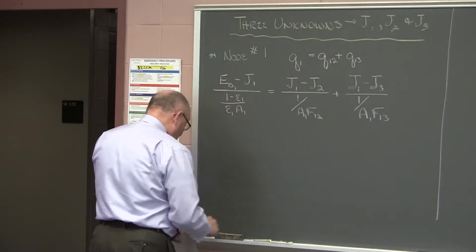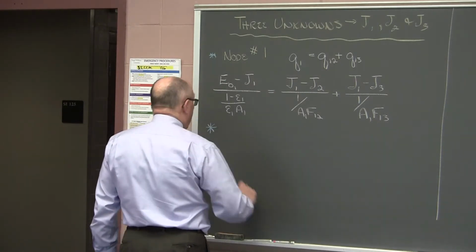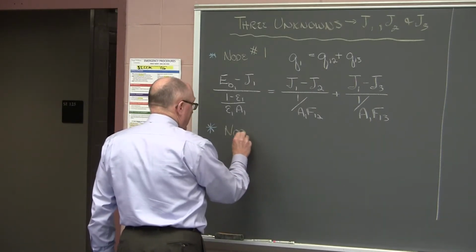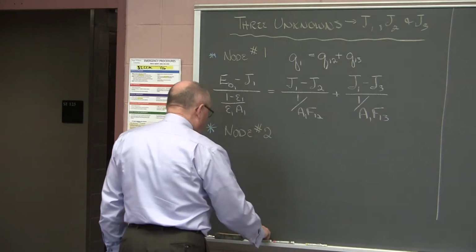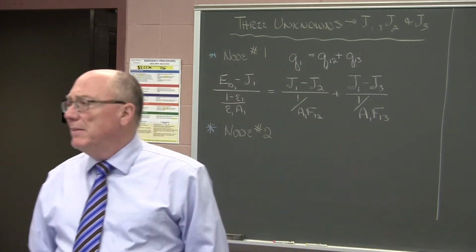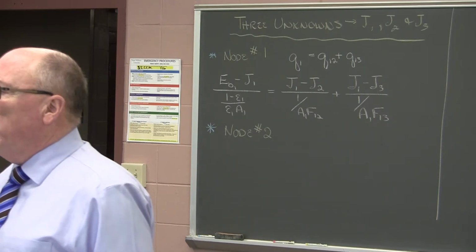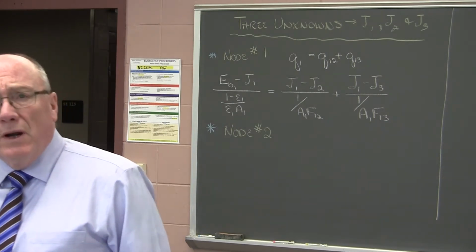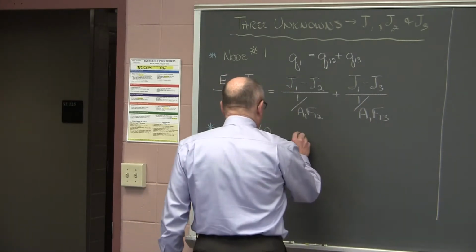So now I'm going to write the equation for node number 2. Now look at your notes, because in node number 2, coming into the node we have Q2, and we also have Q1 to 2, and leaving we have Q2 to 3. So our equation will look like this.